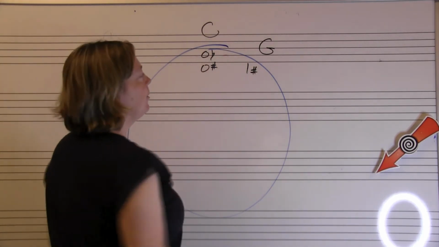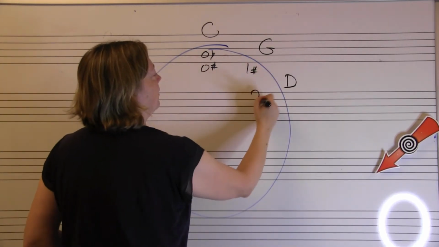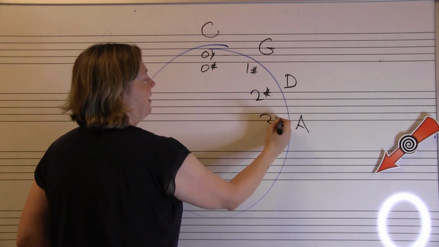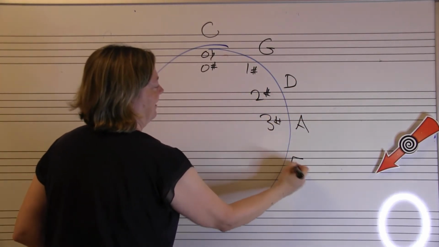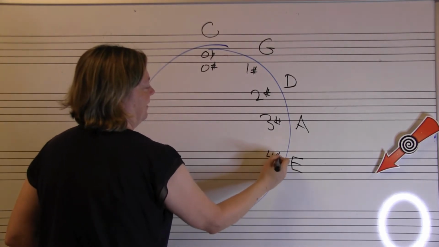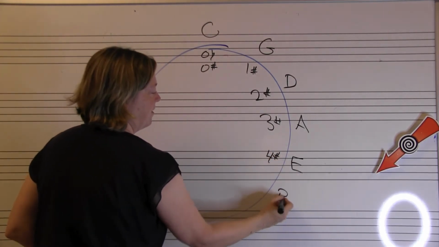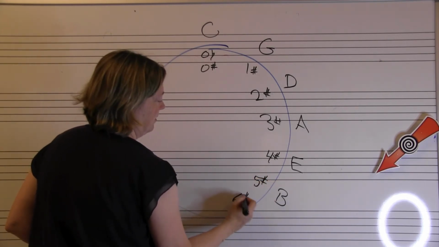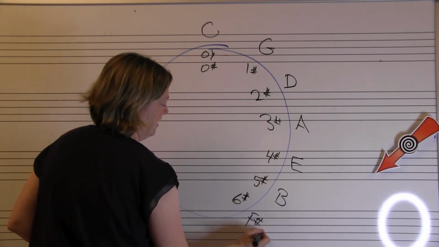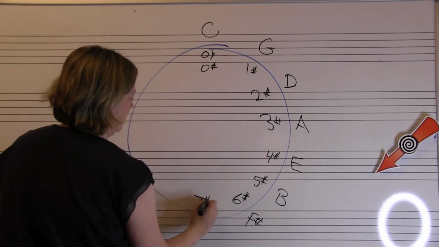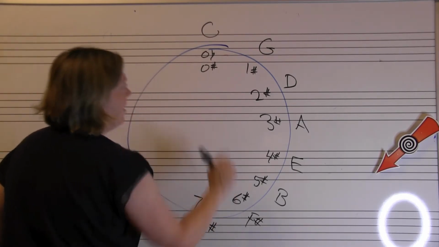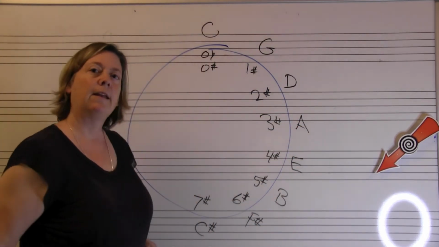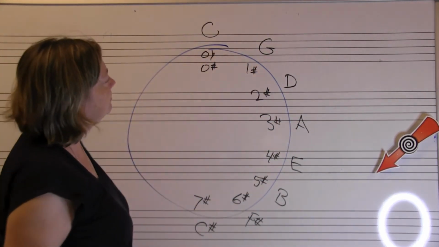We went up 5 notes again and had 2 sharps, the key of D. We went up 5 notes to A, 5 to E, 5 more to B. 6 sharps was the key of F sharp, and 7 sharps was the key of C sharp. This was ascending fifths. We sort of made a half circle.